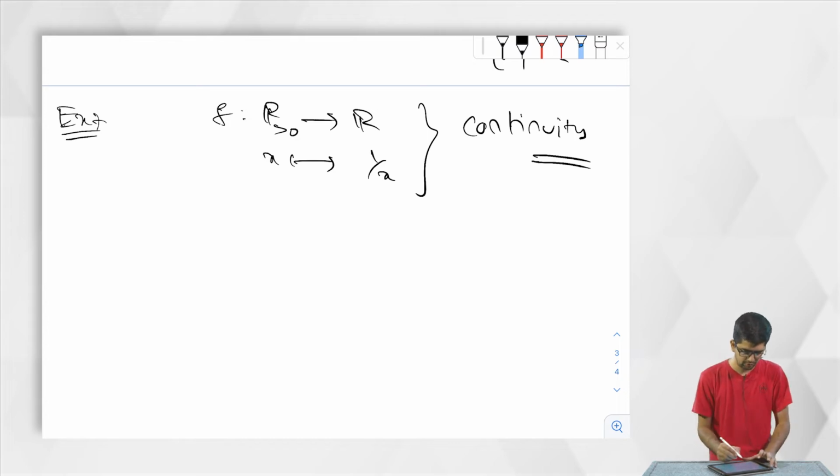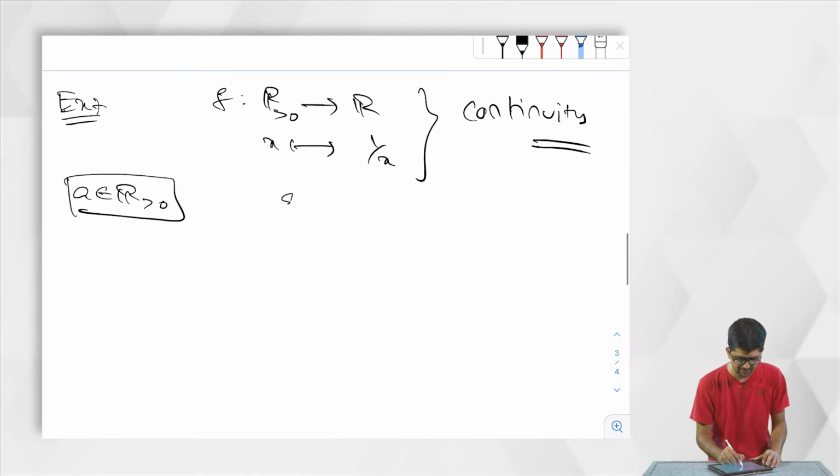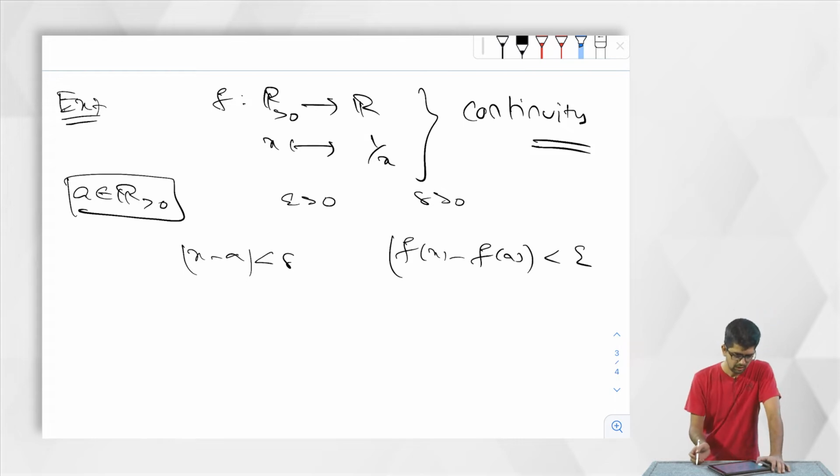So again what we need to do is fix some element a belonging to R positive, then see if given epsilon positive, do I get a delta positive such that whenever mod x minus a is less than delta, fx minus fa should be less than epsilon. This is what we are looking for.